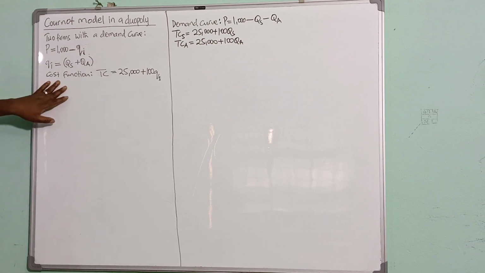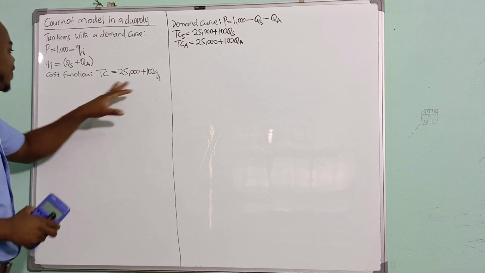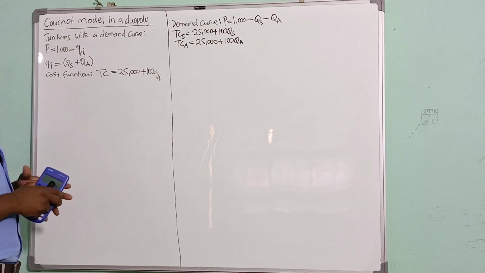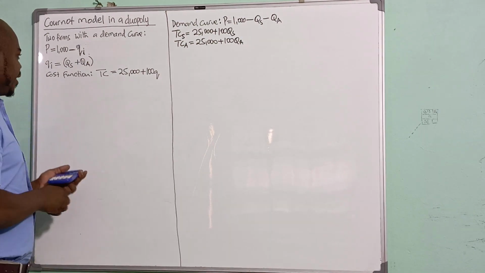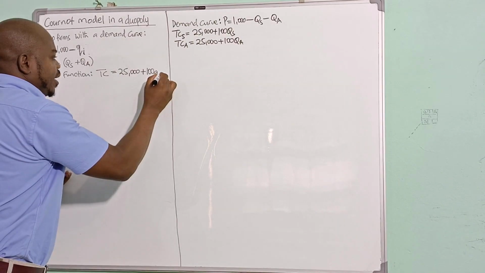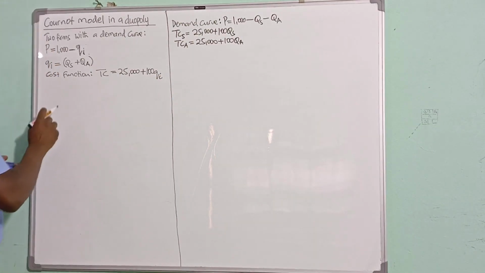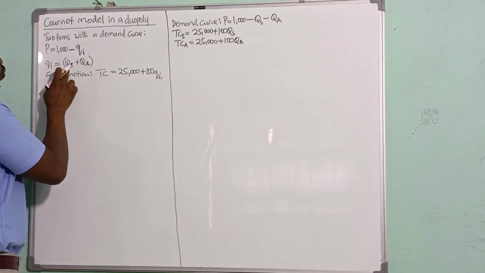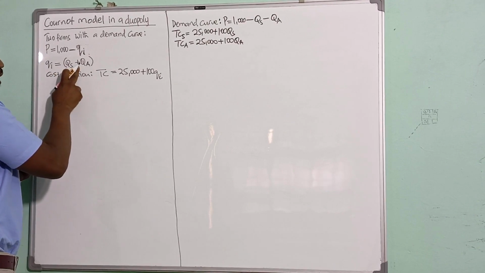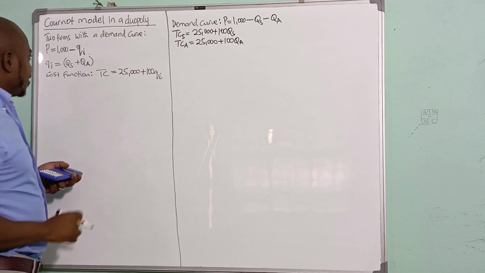Then we have the cost function. The total cost function is 25,000 plus 100 Q again. When we say Q here, we mean the quantity S plus the quantity A.